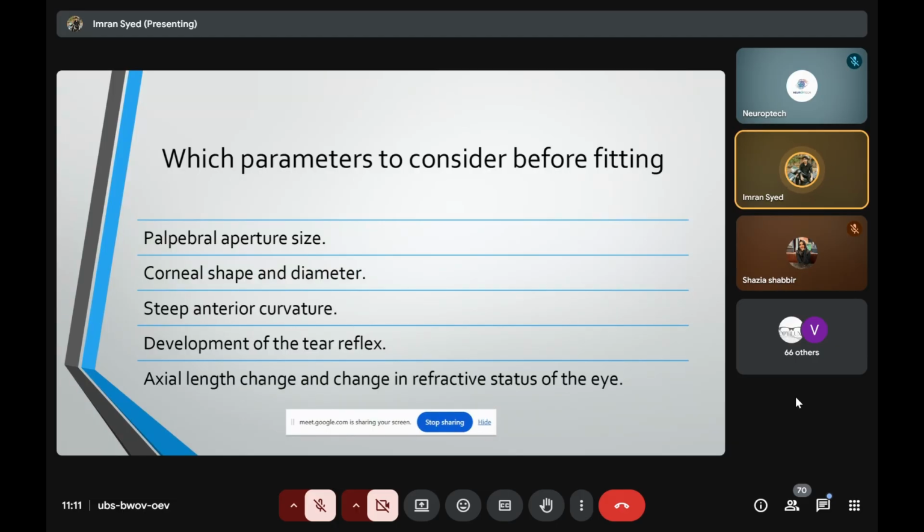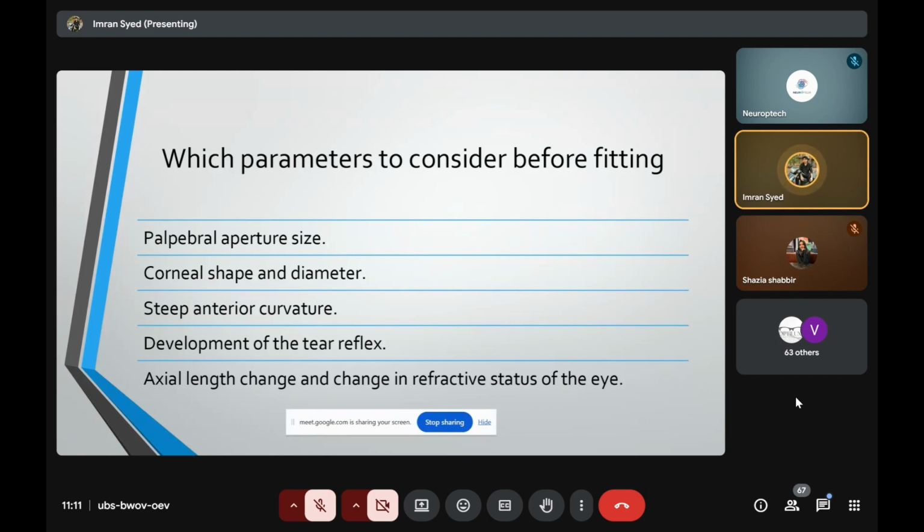The first thing you have to consider is your palpebral aperture size, because kids' eyes are very small. Their palpebral aperture will also be small. So you need to make sure that whatever diameter you select is in the range of the child's eye. And as you all know, children's eyes are small, so the smaller the eye, the steeper the corneal curvature. So you have to look for that also.